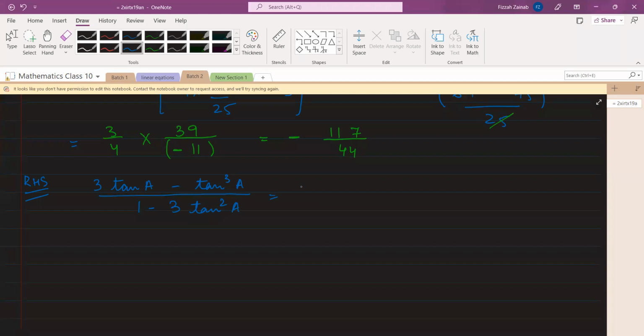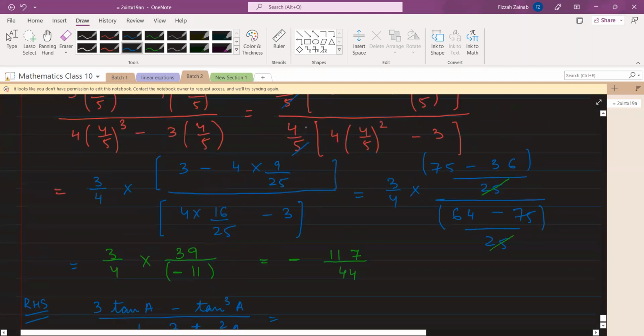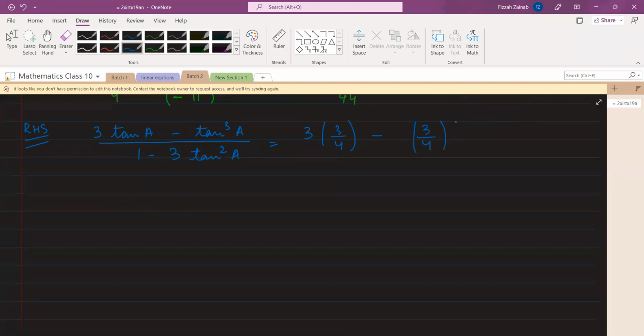What was the value of tan A? 3 by 4, ma'am. Okay. So 3 into 3 by 4 and minus again 3 by 4 whole cube, and divided by 1 minus 3 into 3 by 4 whole square. So again from the numerator, 3 by 4 you can bring outside, then you have 3 minus 3 by 4 whole square, right?